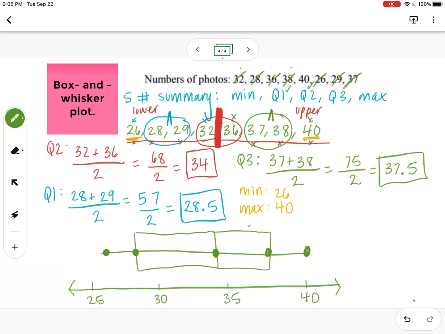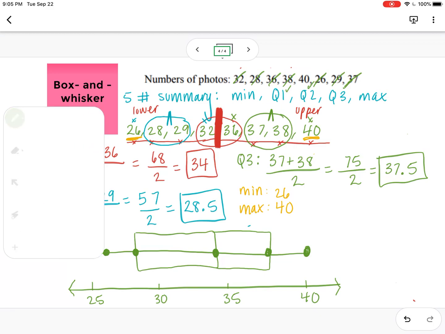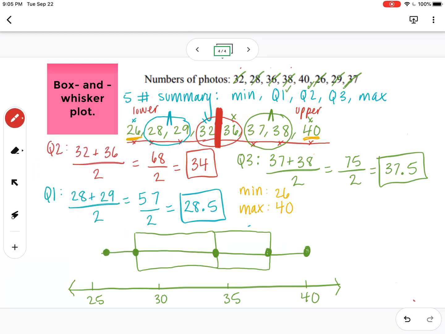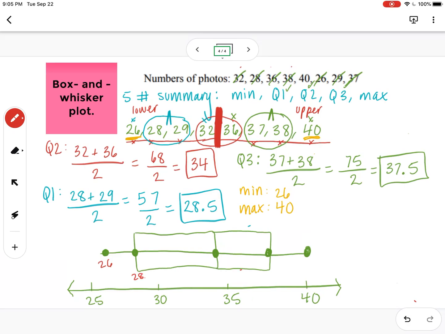Now, when you're remembering about a box and whisker plot, let's say you were asked to analyze the set. So this set was based on number of photos. So I'm going to go ahead and label just to answer some extra questions about box and whisker. So let's see, our minimum was 26. Our quartile 1 was 28.5.